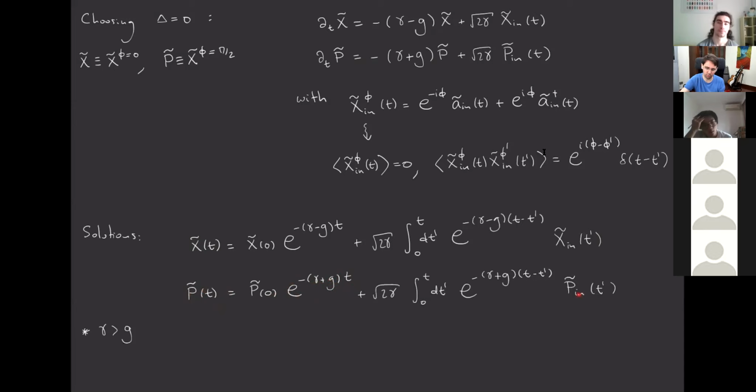So then in here, for long times, the part that depends on the initial condition is washed away, and the part that depends on the input operator will finally give you some kind of a stationary state.